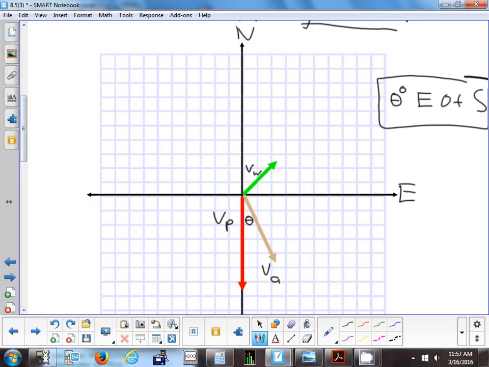Any questions on what I mean by that? Like if this angle was 10, it would be 10 degrees to the east of due south. If you don't want to find that angle, you could find other angles. Find any angle you want as a reference point. Okay. Any questions on that one?